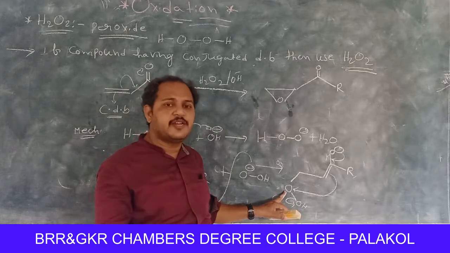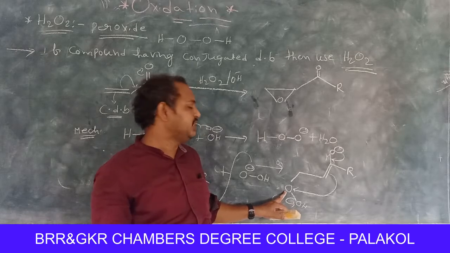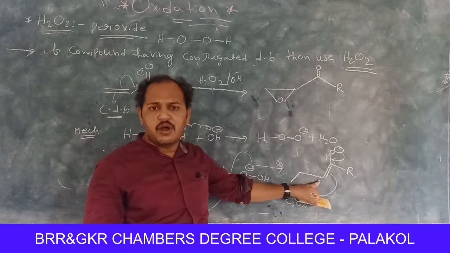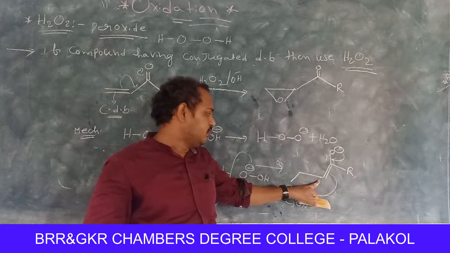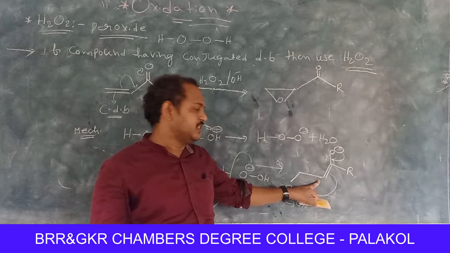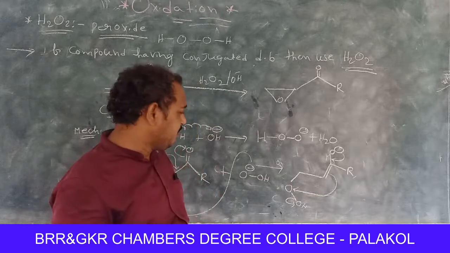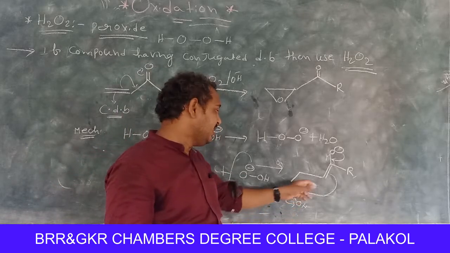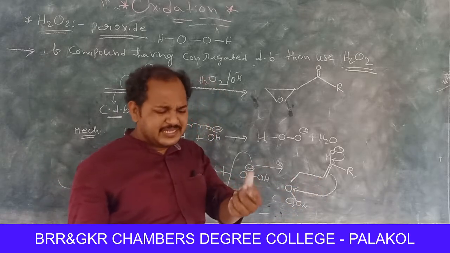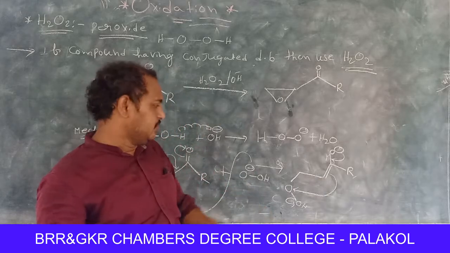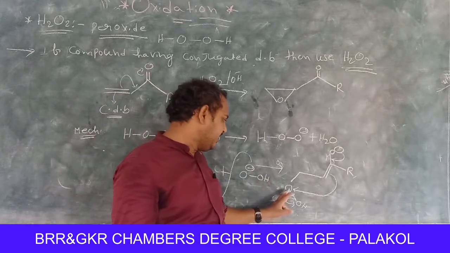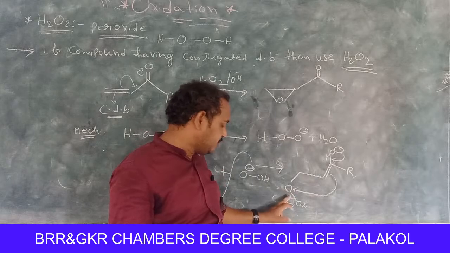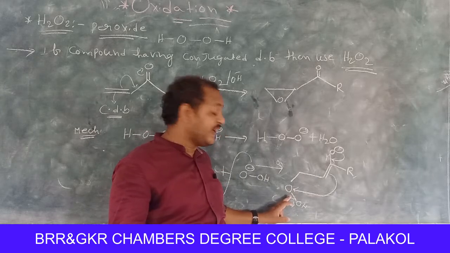But we should not represent any positive or negative charges here, because they will not take much time, it takes place within a fraction of a second, in one step. So we should not write any O plus here, but we have to understand it like that.